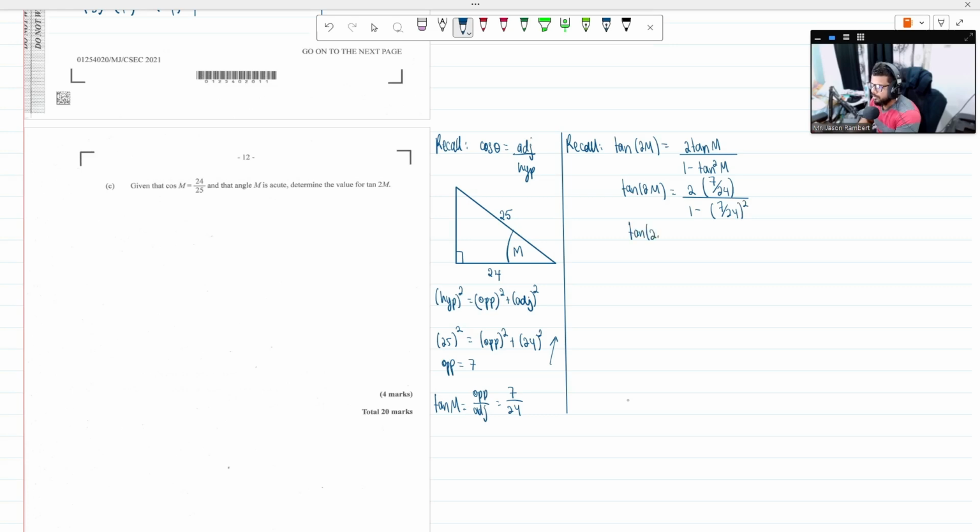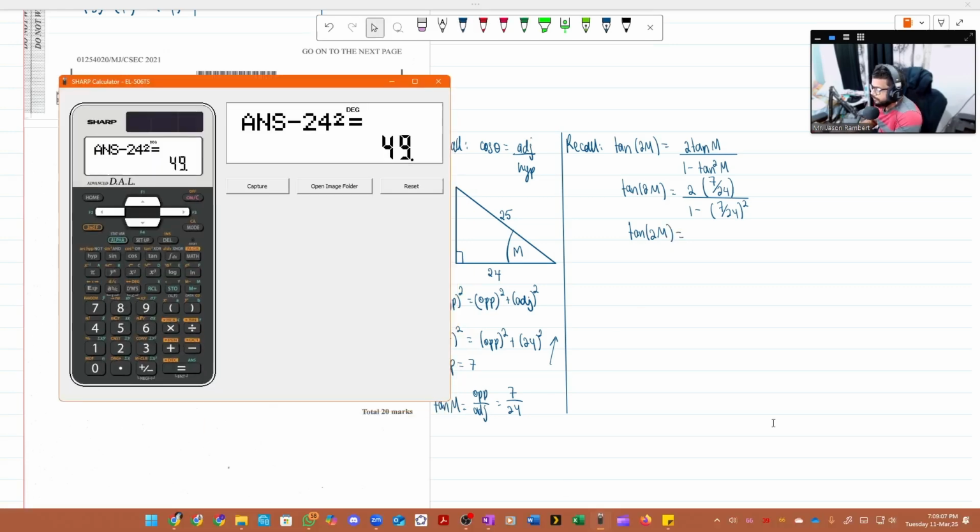So tan of 2m is equal to, let me look at my calculator yet again. 1 take away 7 over 24 squared. The 2 will cancel with the 24 to get 7 over 12.